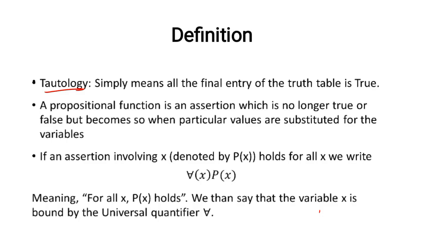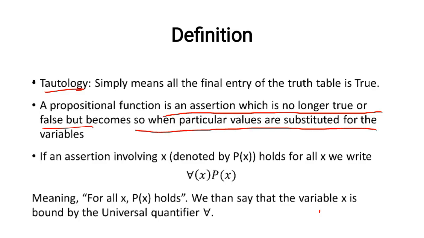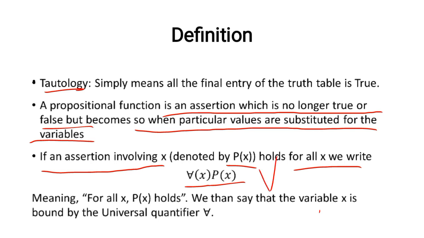Okay. And now the next thing you need to know is that a propositional function is an assertion which is no longer true or false, but becomes so when particular values are substituted for the variables. Okay, so if an assertion involves x, we denote it as P(x), more like a function, right? And if this assertion holds for all x, we write for all x, P(x) holds. This symbol here means for all.